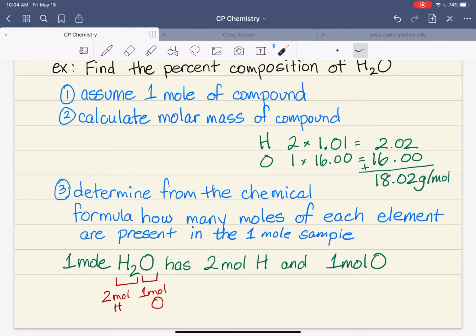All right, so looking at the formula H2O, 1 mole of H2O contains 2 moles of H. We know that because of our subscript. 1 mole of H2O contains 1 mole of oxygen, and we know that from our invisible 1 subscript there. So we have 2 moles of hydrogen and 1 mole of oxygen in 1 mole of water. Okay, moving forward.